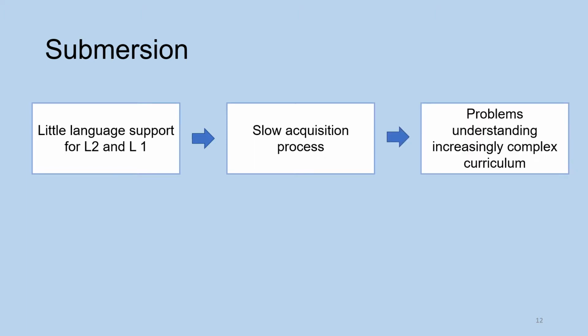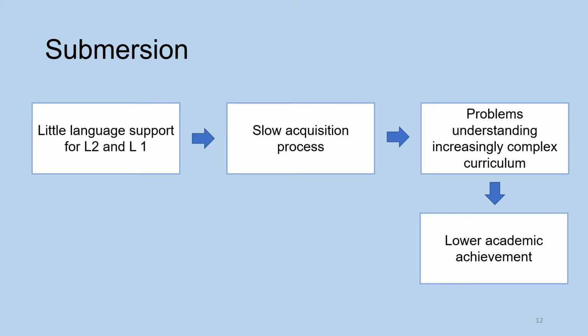Eventually, this may lead to lower academic achievement and possibly to poorer self-esteem. In the long run, it could also lead to high dropout rates in schools and proportionally high unemployment, and if this happens on a large scale, to major problems within a society.